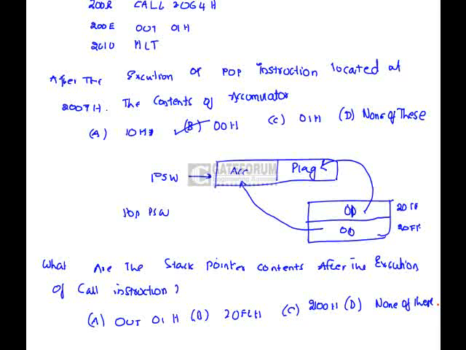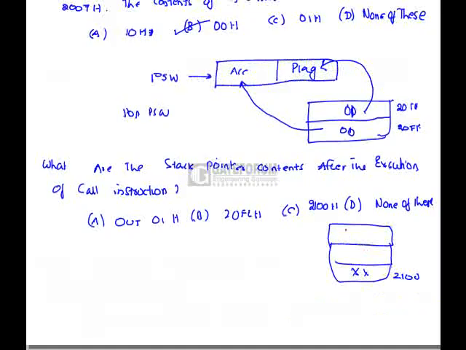While performing the CALL 2064 instruction, it stores the next location address, that is 200E, into the top two locations of the stack. That means the stack pointer address is decremented by 2, so now the location address is 20FE, that is option B is correct.